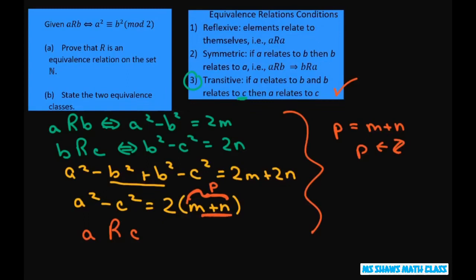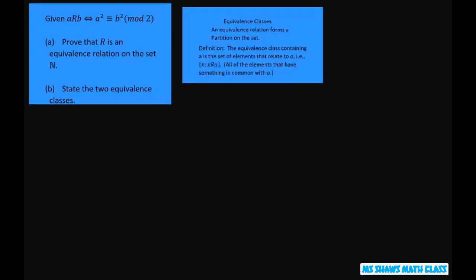All right. Now we have to find the equivalence classes. So let's start with 0. So we know 0 squared equals 0 mod 2. And 1 squared equals 1 mod 2.